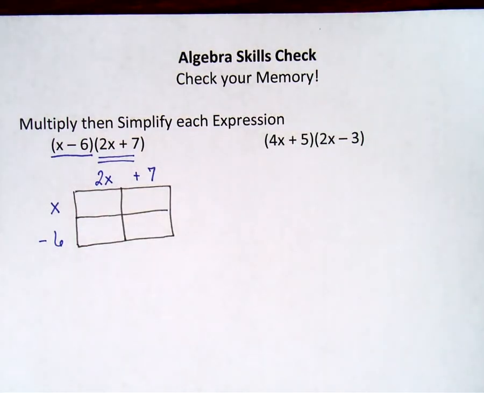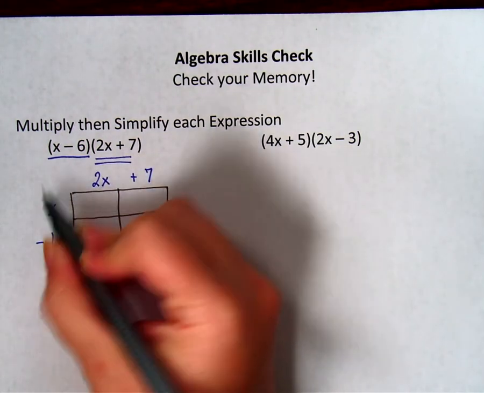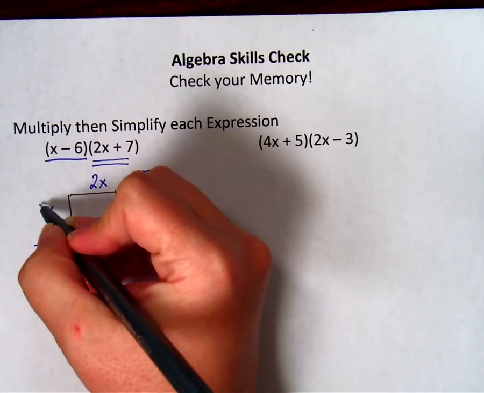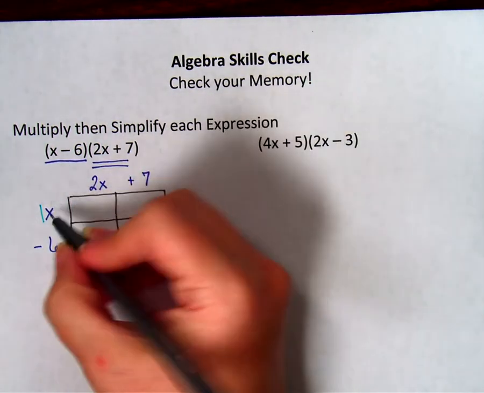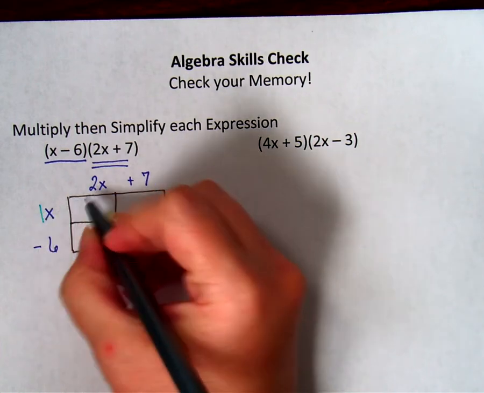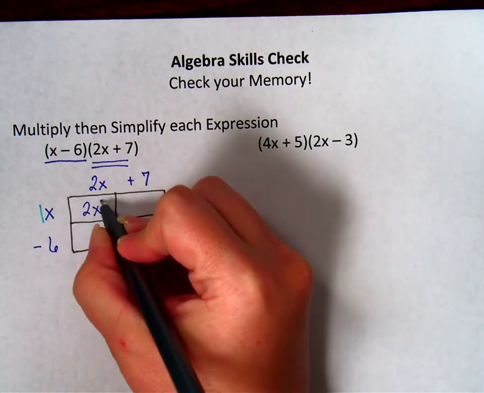Then we're going to multiply our rows with our columns. So I'm going to do x, which is really like a 1x, right? We don't have to write it, but it's really there. 1x times 2x, so the 1 times the 2 is 2, and the x times the x is x squared.